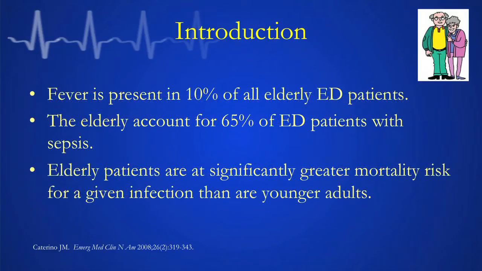Fever is present in 10% of all elderly patients. They account for 65% of patients with sepsis. They're at significantly greater mortality risk for a given infection than our younger adults. So when you get your elderly patients with the complaint of fever and infection, your radar really has to go off that this is somebody who's sicker than your average younger healthy patient.